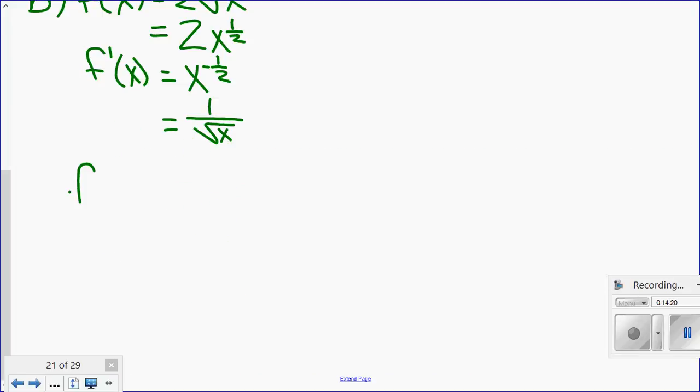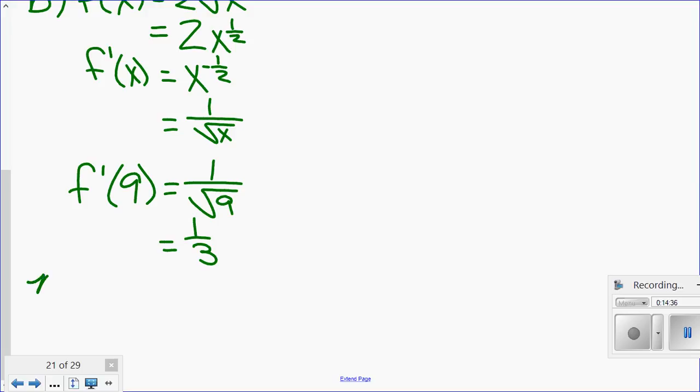I am going to plug in 9 into my derivative, 1 over the square root of 9, so it equals 1/3. So I'm going to write the slope of the tangent line is 1/3 at the point 9.